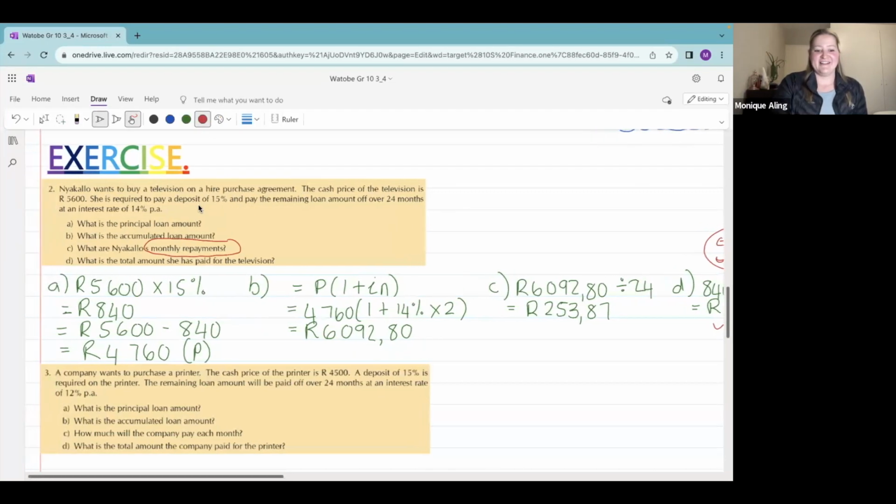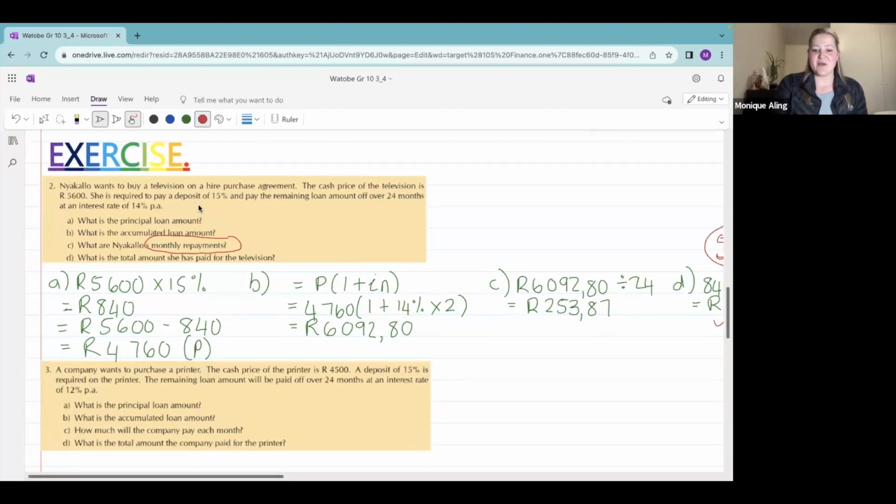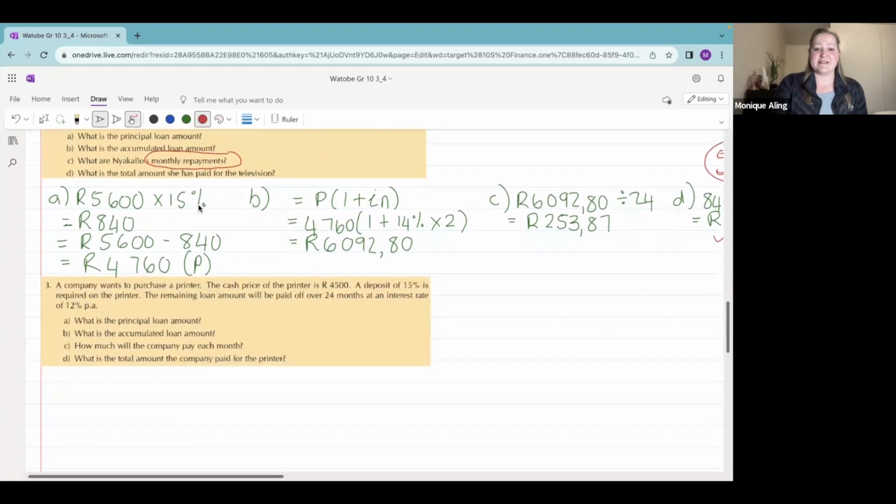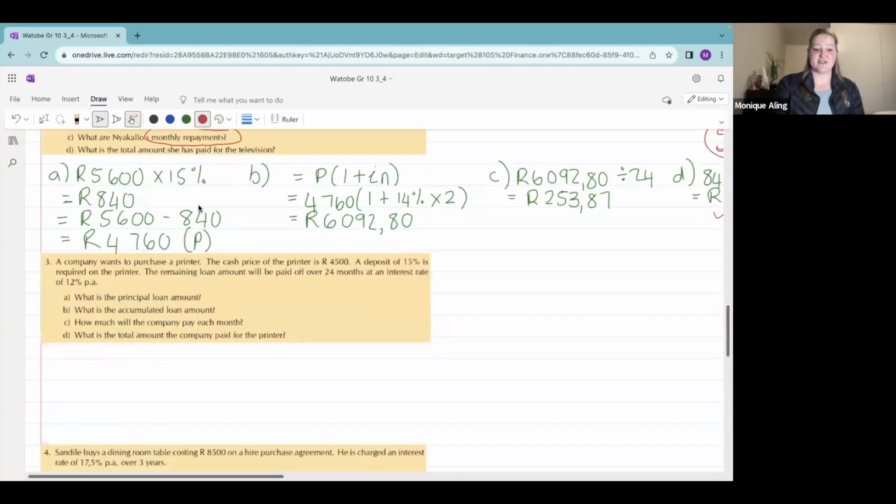Okay. Let's try another one. Same questions, different scenarios. So now this time, a company wants to purchase a printer. The cash price of the printer is 4,500 Rand. A deposit of 15% is required on the printer.